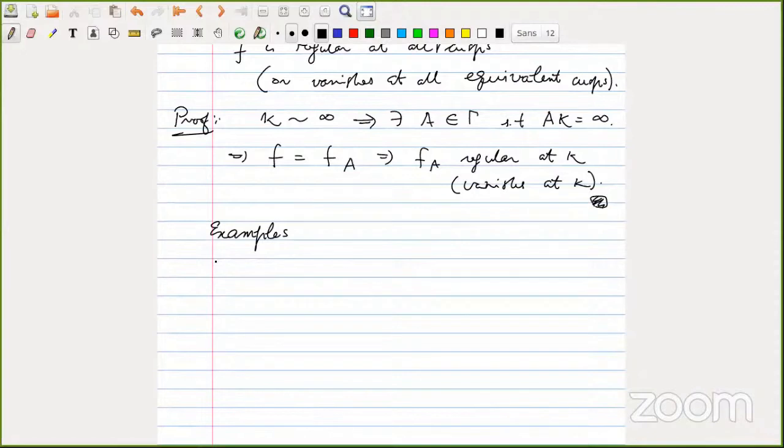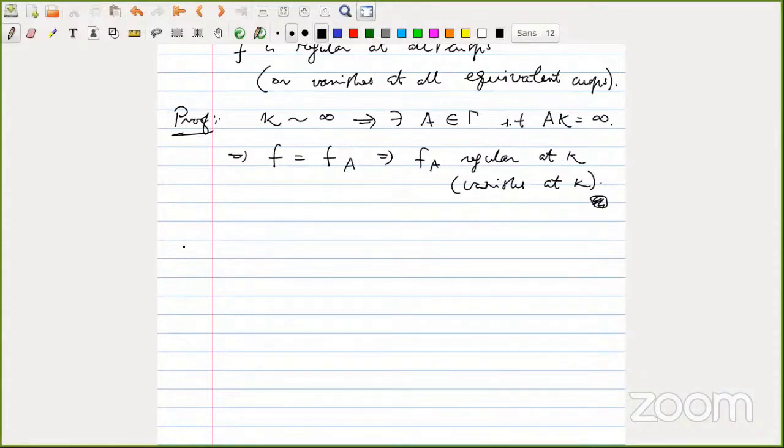Oh, I haven't defined what a... Have I mentioned this? Okay, so maybe first I write this definition. First I give the definition, and then it makes sense to write down the example.